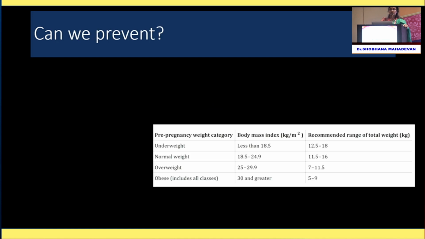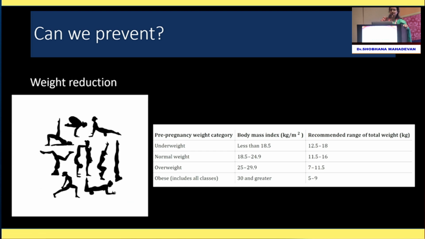So can we prevent in the last two causes, namely the excessive weight gain and obesity, and in post-term pregnancy? Weight reduction is an important aspect of preconception care. So trying to get her to an optimal level of weight before she goes in to conceive is probably something that we all can address as primary care physicians.